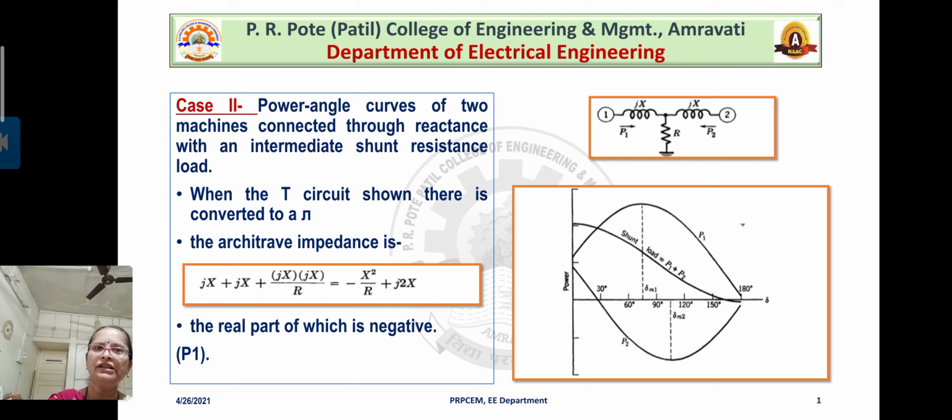See the power angle curves. Now this time P1 and P2. Right? Now this time when you are going to consider shunt resistance, now P1, the angle delta M1, it is less than 90 degree, and angle delta M2, which is related with the motor 2, it is greater than 90 degree because of the presence of the shunt resistance.